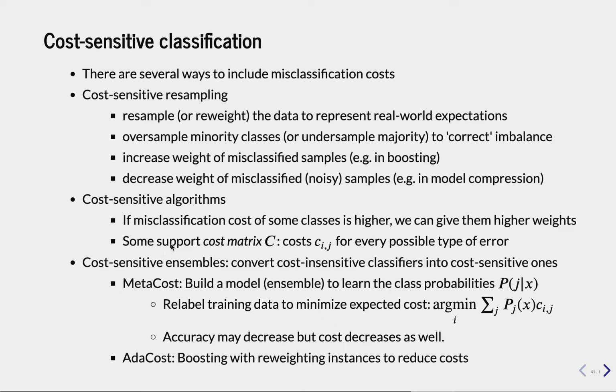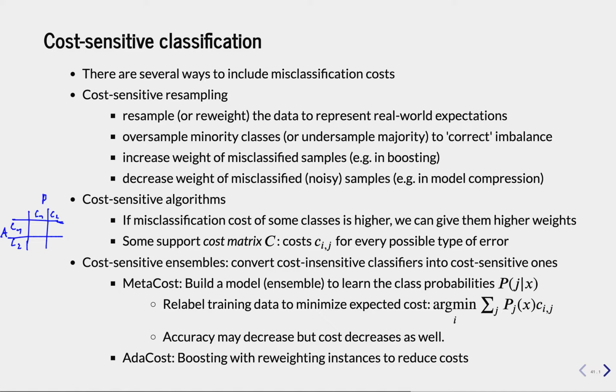More generally, some methods can also have a cost matrix. A cost matrix is exactly like a confusion matrix. So it has every possible class value in the rows and the columns, and it has a cost for every combination of actual and predicted class.